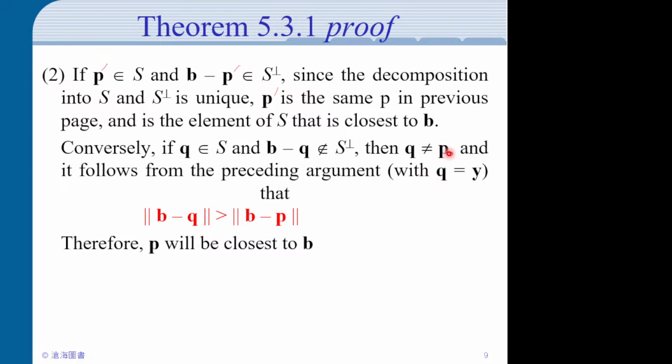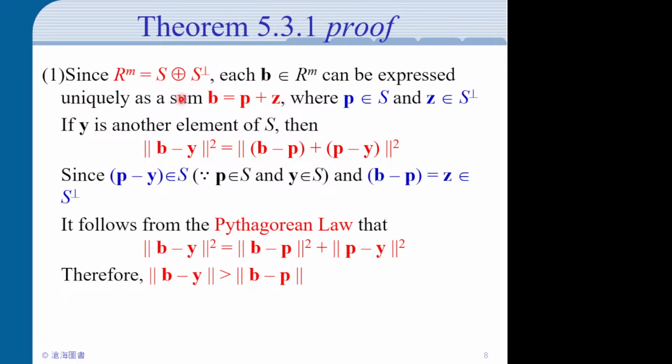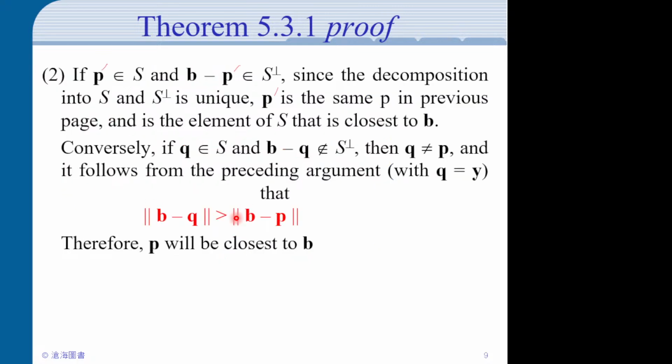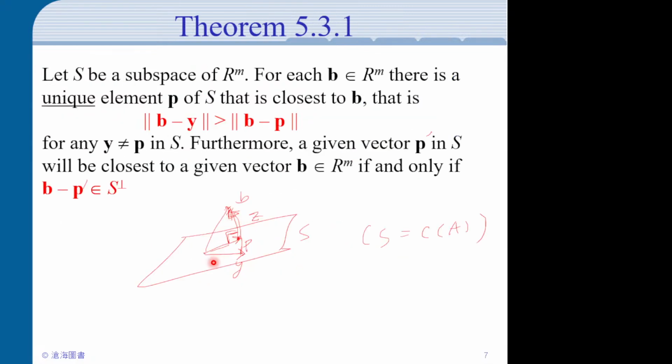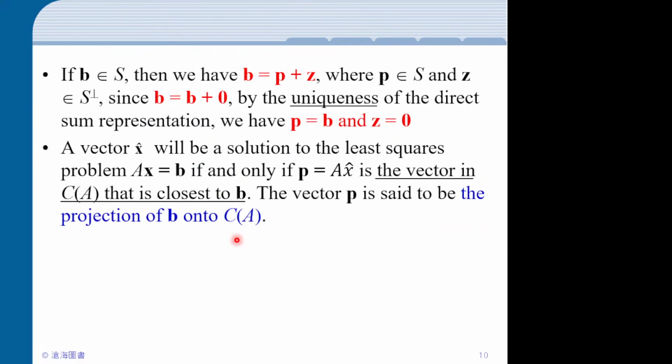So Q is not the closest point, because of the previous argument. So anyway, we see that the closest point is the unique point such that b is decomposed with a unique S component of b inside S. That's nice.